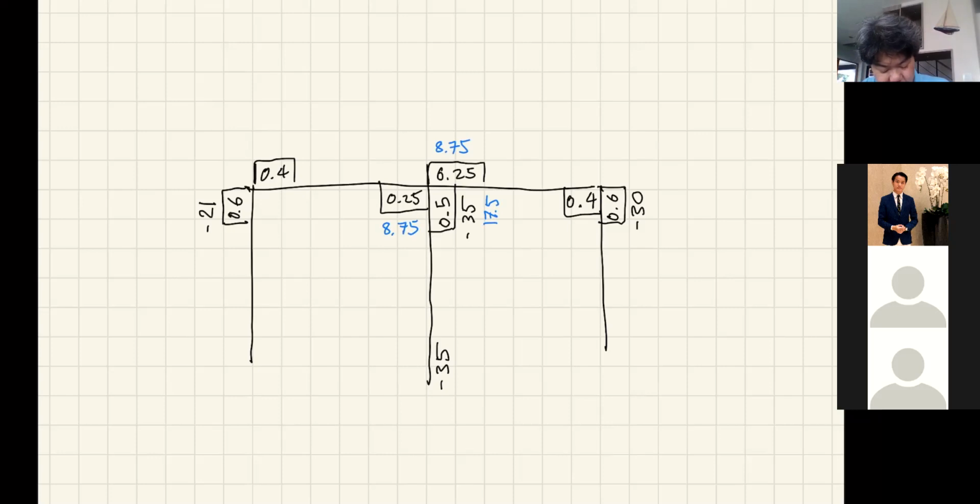And then for the column on the left, it's minus 21, so you balance it with 12.6 and 8.4. That's equal to 21. And right here, minus 30, then balance it with 60%, that's 18 here and 12 there. That's the end of the first cycle.